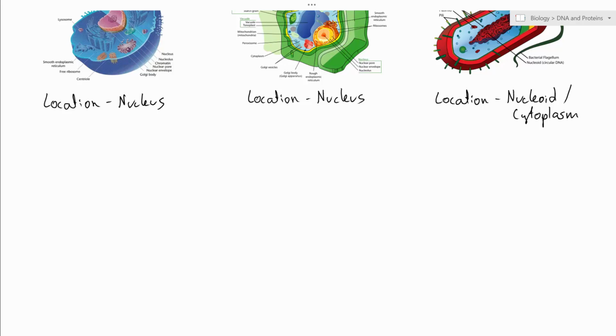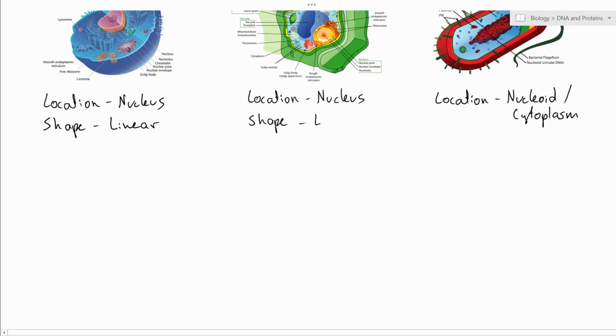Second point to make is the shape of chromosomes in eukaryotic versus prokaryotic cells. What we'll see is the shape or structure in eukaryotic animal cells is linear, and in the eukaryotic plant cell we also see a linear shape, but in the prokaryotic cell we'll see a circular shape.